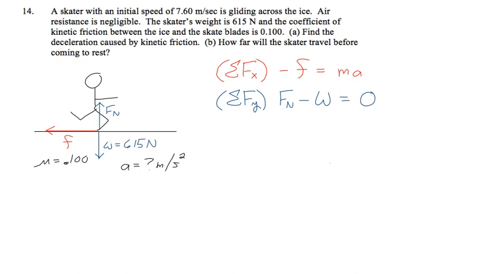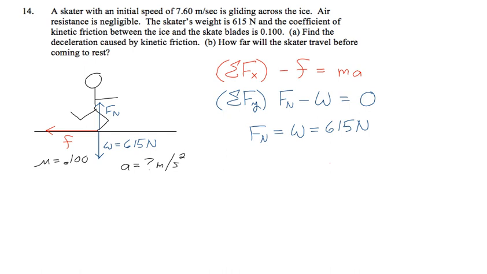Now I just solve the things in the order that they can be solved. So what's the first thing I can solve for in this problem? I can solve Fn because I already know the weight. So Fn equals the weight. So Fn also equals 615 newtons. What can I now solve for?